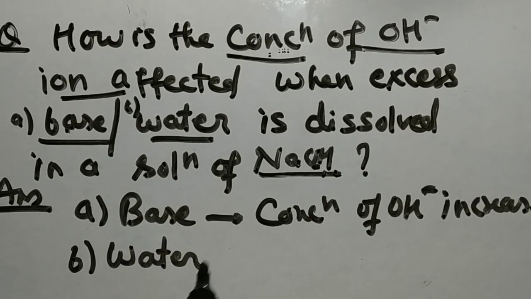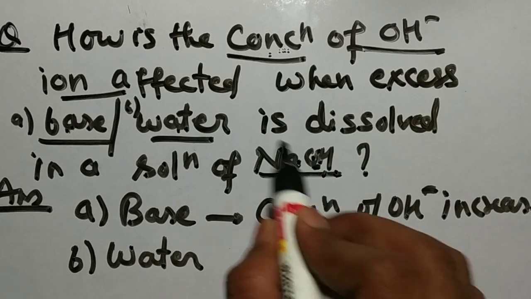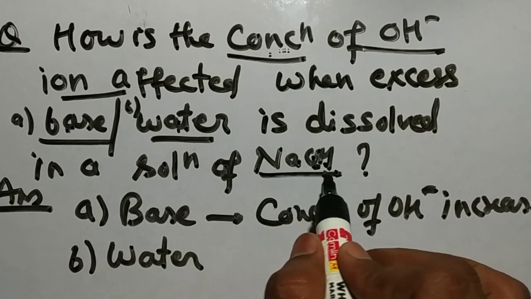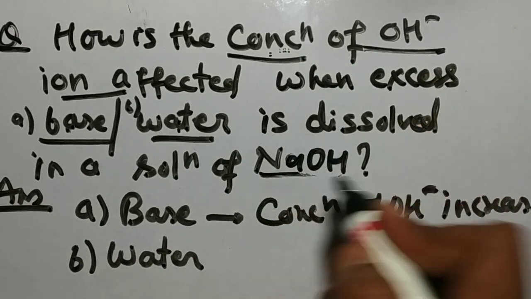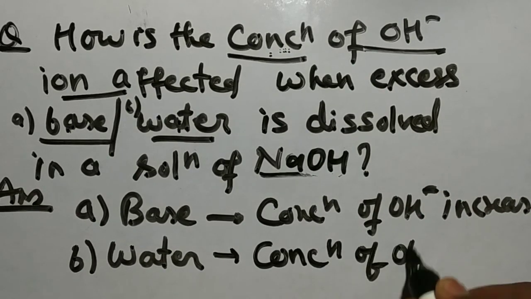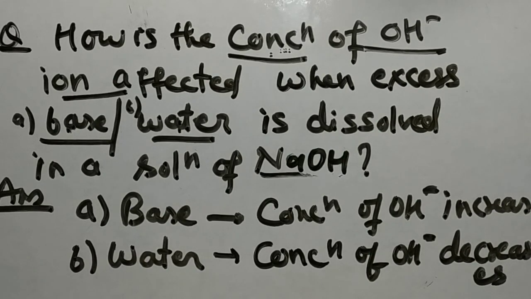Now see here, you have to add the water in the NaOH, and we all know that the mixing of the water in the NaOH causes the dilution. It means the concentration of OH minus will decrease. So if the water is added to the NaOH, then the concentration of OH minus decreases. I hope that you understood this. Note it down. This will come in your board examinations.